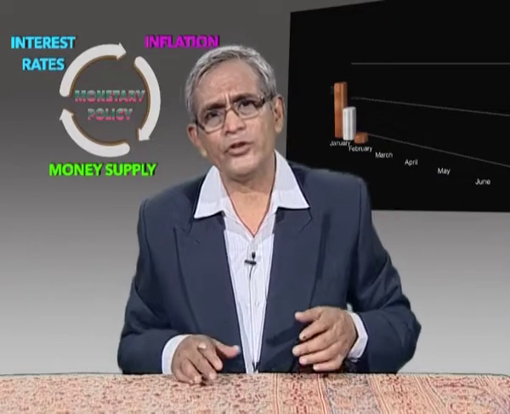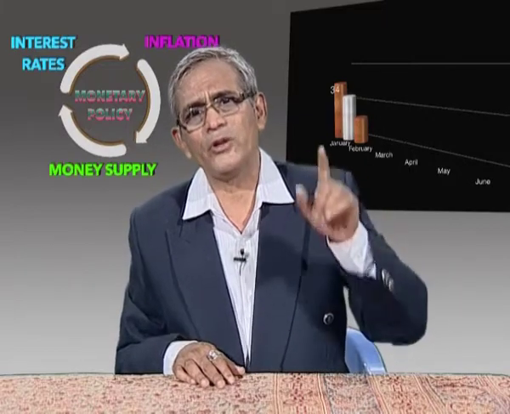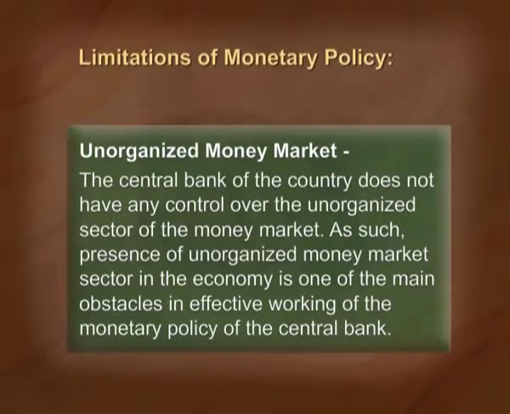Thus, corruption and inefficiency are the factors that limit the effectiveness of the central bank. Unorganized money market. The central bank of the country does not have any control over the unorganized sector of the money market. As such, the presence of an unorganized money market sector in the economy is one of the main obstacles in the effective functioning of the monetary policy of the central bank.